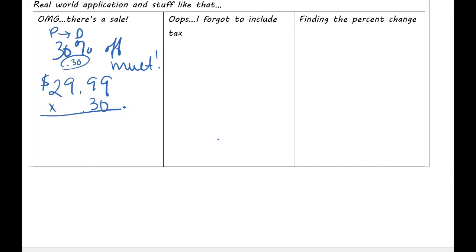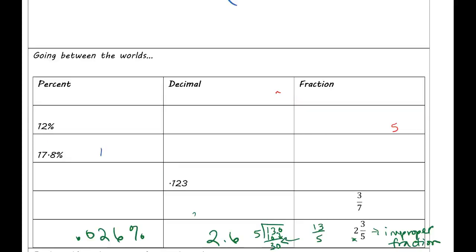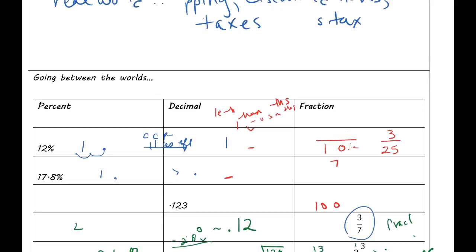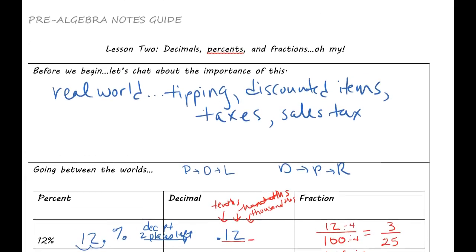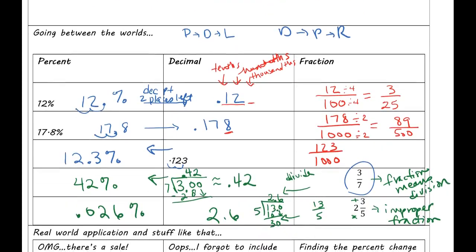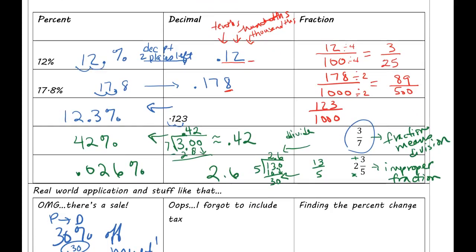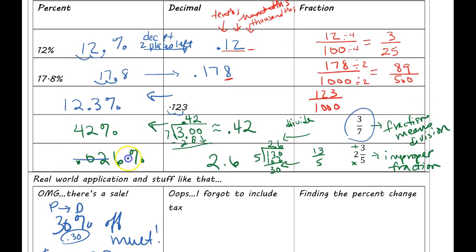0.30 times this. Now if you want to do this by hand just for practice, knock yourself out. I think I'm going to pull up a calculator and just type that in. And before I do that, guys, some of you may have caught that I think I made a mistake up here when I moved my decimal. Yes, I did, right here on this one. If you noticed it, good for you.